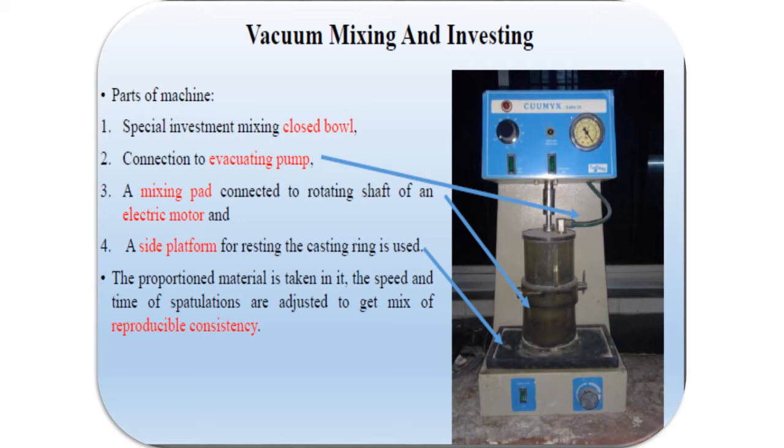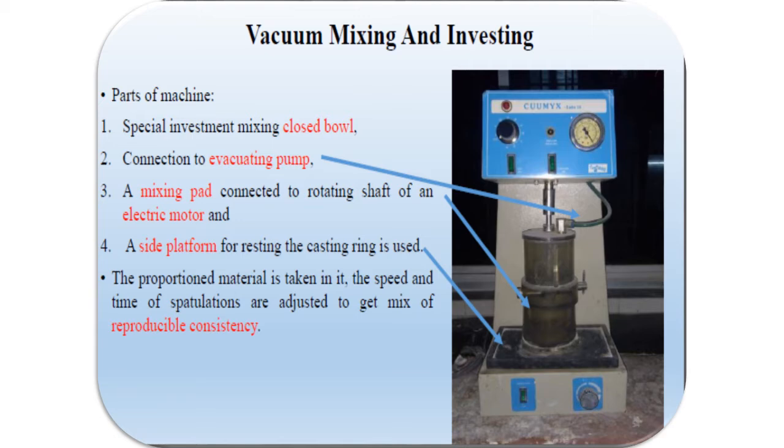Whenever we use this equipment for mixing the investment material, initially the prescribed ratio of liquid and powder is taken in the bowl, and initial mixing is performed with the spatula by hand, and later the special bowl is fixed onto the evacuating pump along with the lid. This vacuum pump sucks out the air entrapped in the investment material.